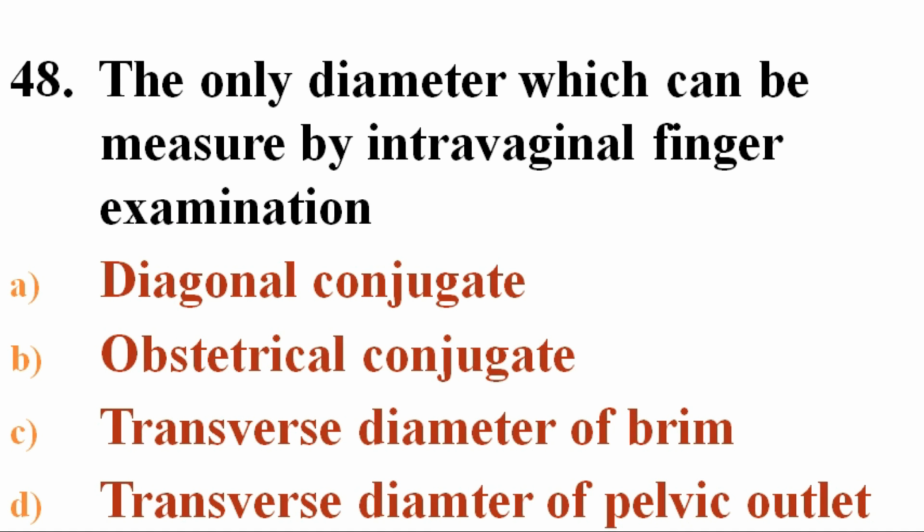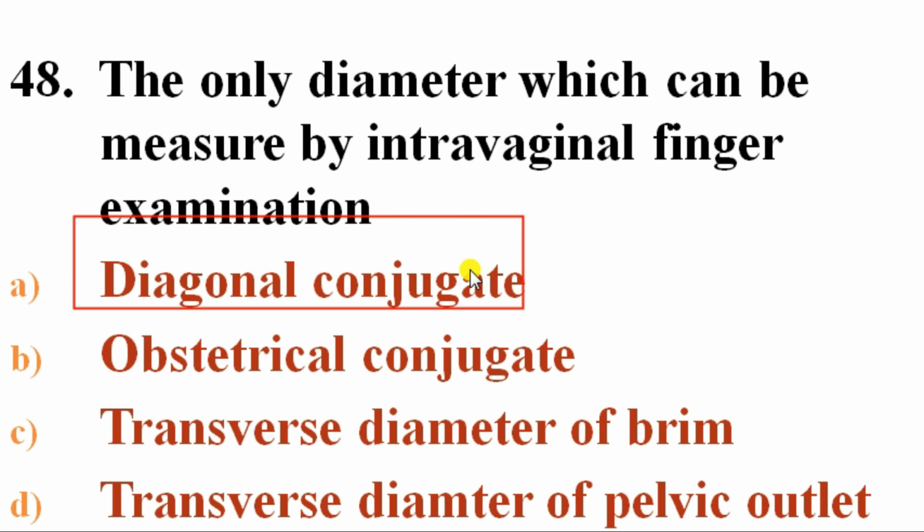Next question, the only diameter which can be measured by intravaginal finger examination. Options A. Diagonal conjugate, B. Obstetrical conjugate, C. Transverse diameter of brim, D. Transverse diameter of pelvic outlet. Answer is A. Diagonal conjugate. So the only diameter which can be measured by intravaginal finger examination is diagonal conjugate, which is about 12 cm.